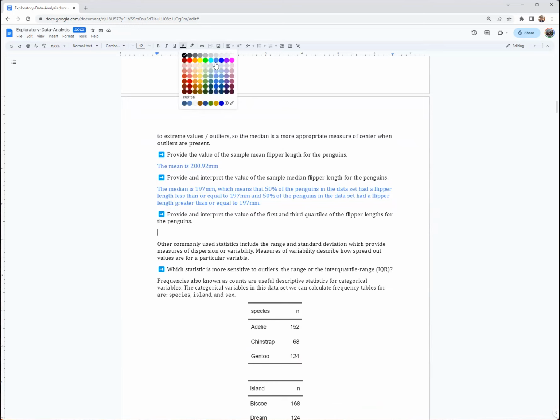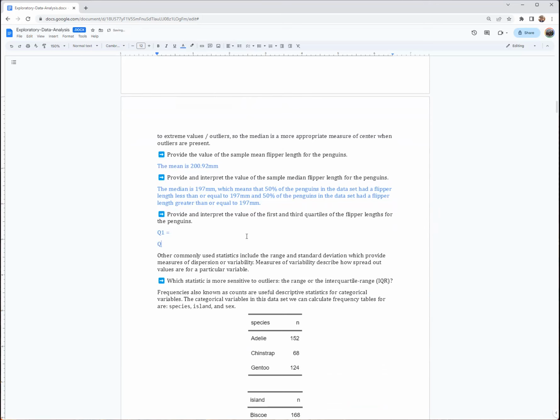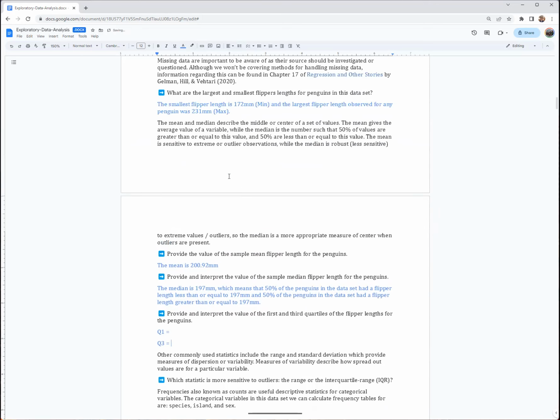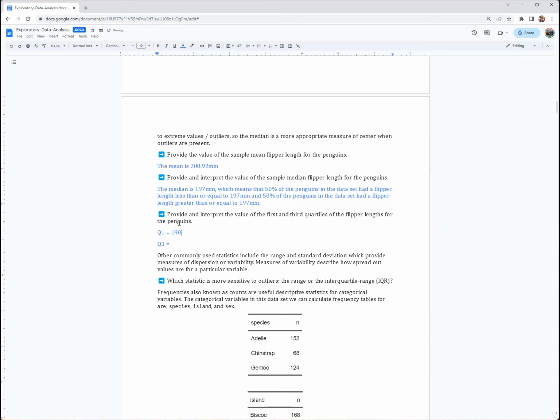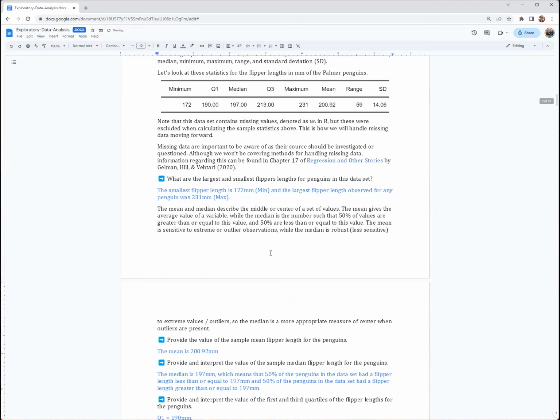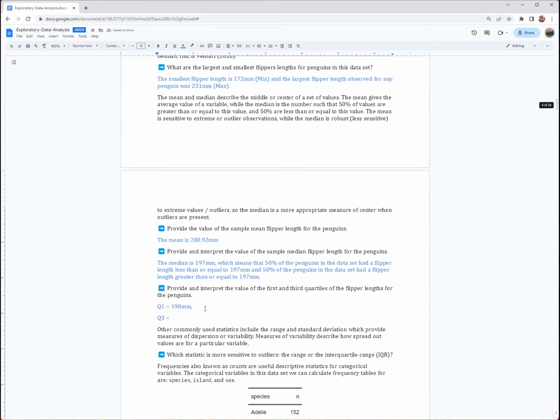Okay, so talking about the quartiles, Q1 in this data set, the first quartile, and Q3, the third quartile. So Q1 is 190. Q3 is 213.